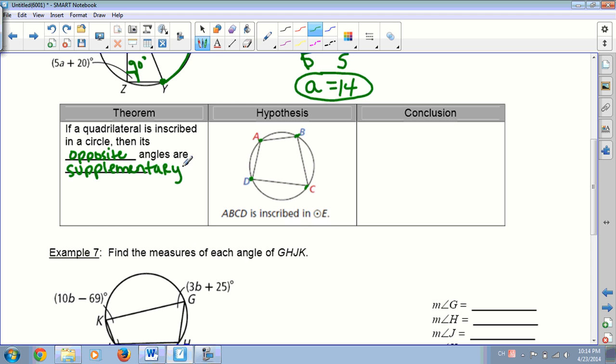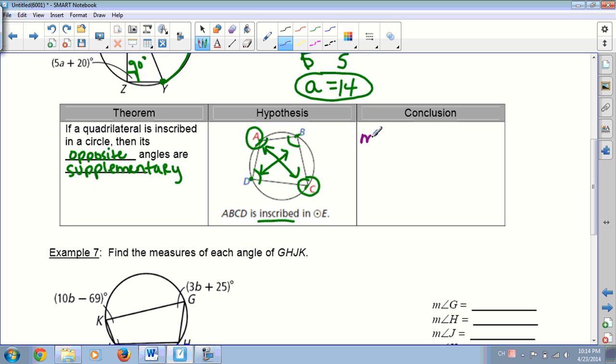So what are the opposite angles here? Well, the blue angles, D and B, are opposite, and the red angles, A and C, are opposite. So what this is saying is since these are opposite of each other, and they're also inscribed inside of a circle, then they have to add to 180 degrees.